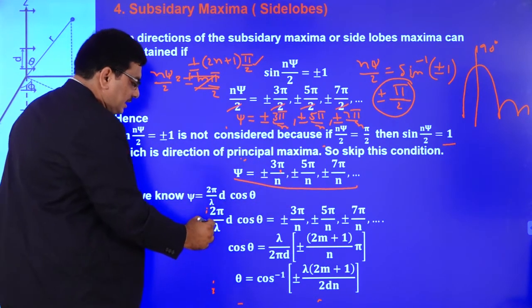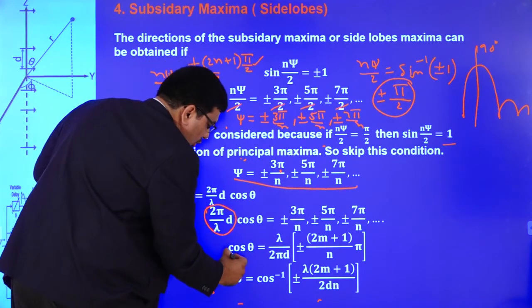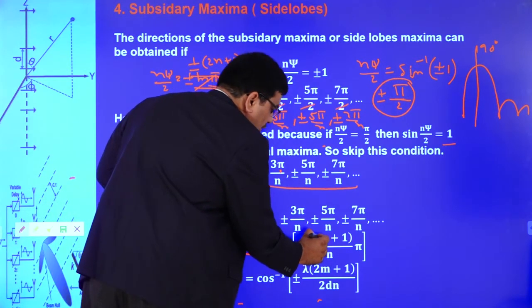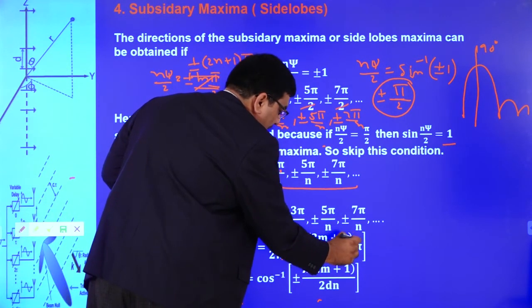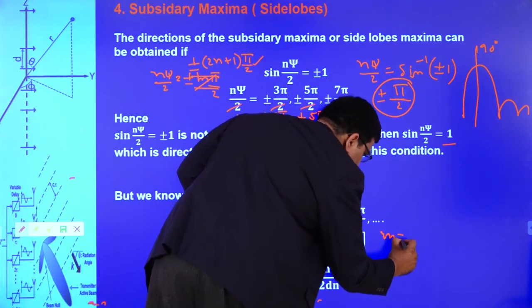So here we take these terms to the right side. So cos θ equals λ/(2π d) into plus or minus (2m+1)π/n, where m starts from 1.